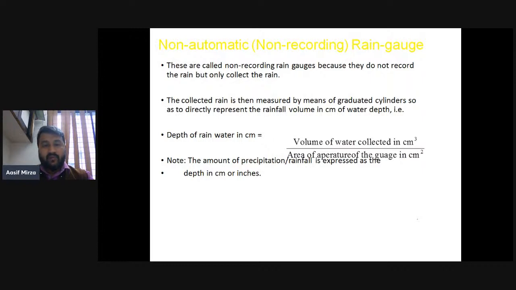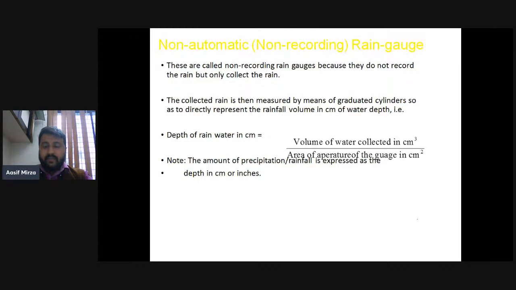So the depth of rainwater in centimeters is equal to the volume of water collected in cubic centimeters divided by the area of the aperture of the gauge in square centimeters. What you have to remember in the non-automatic, non-recording rain gauge is that the amount of precipitation or rainfall is expressed as depth in centimeters or inches.